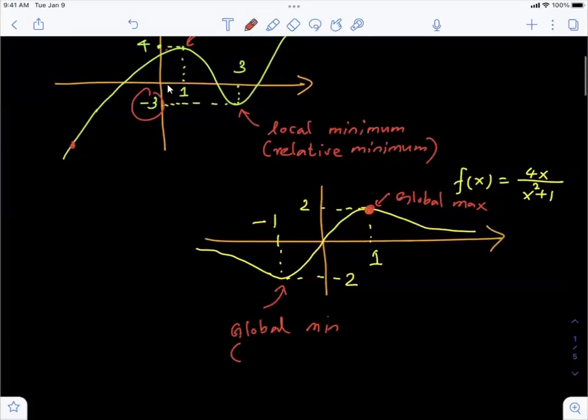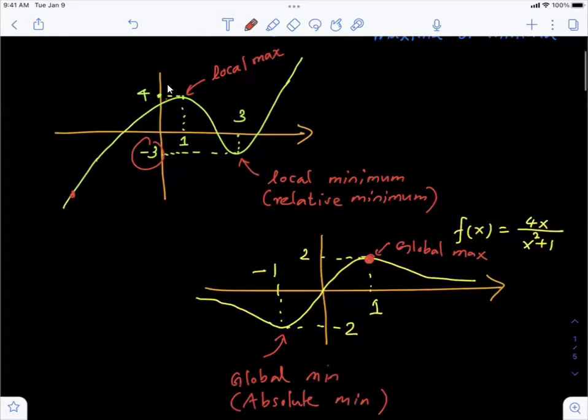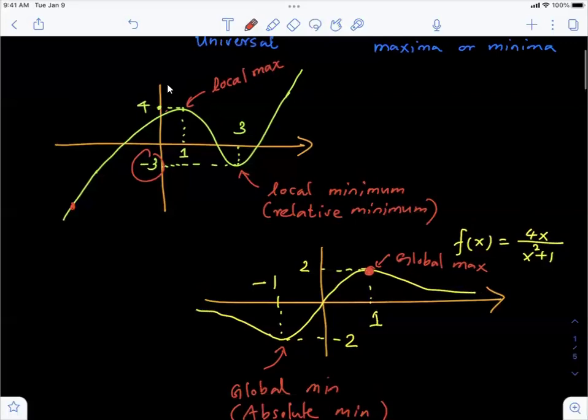Sometimes interchangeably we will say absolute minimum and absolute maximum. This scenario tells us something specific. For certain functions, you can have a global maximum and a minimum, or one of them but not the other. Or certain functions may have local extrema but not global extrema.